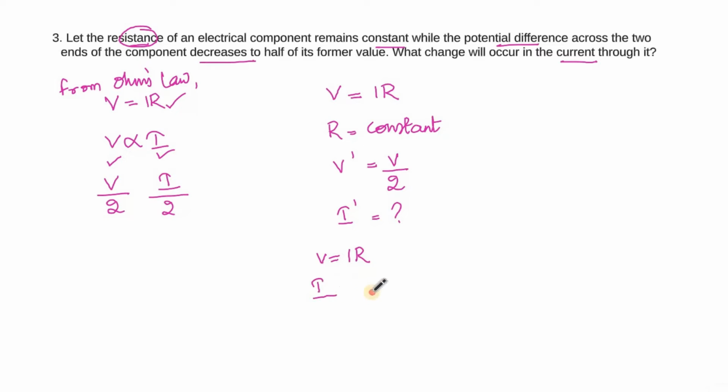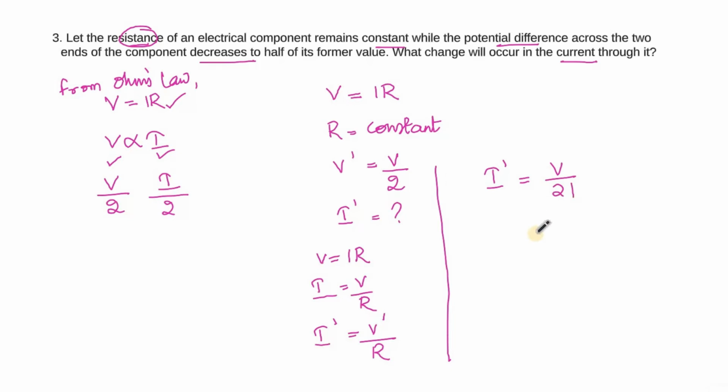So I will be V by R, but we want to find out the new current. The new current I dash will be V dash by R. Now I dash will be, what is V dash? V dash will be V by 2 and R. So taking the constant outside, it's 1 by 2 V by R.